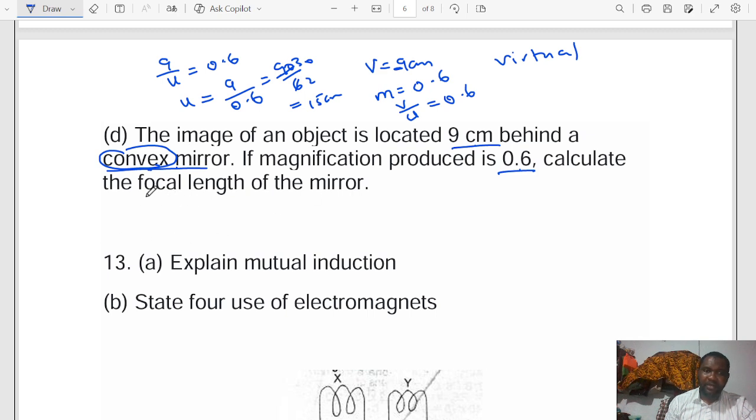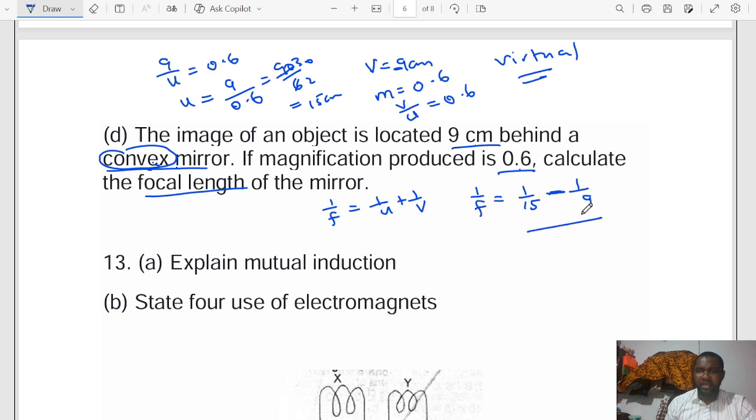Now if we want to find the focal length of the mirror, we say 1 over f is equal to 1 over u plus 1 over v. That's the mirror formula. So 1 over f is equal to 1 over 15, but this will be minus 1 over 9. You see, this negative sign is very important, because for a virtual image, v must be negative. And because this is a convex mirror, I expect that my focal length will also be negative.